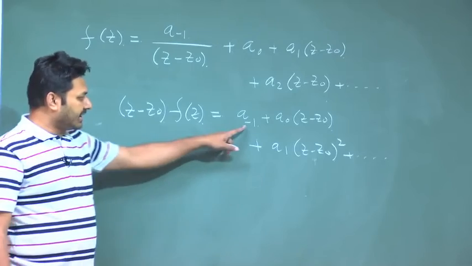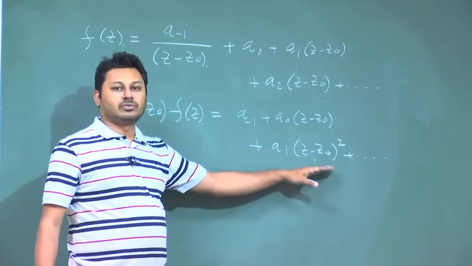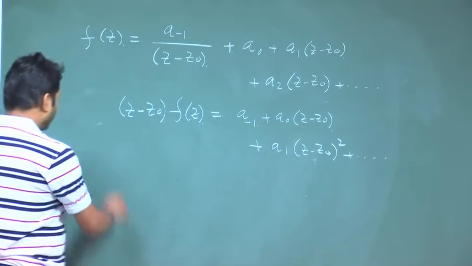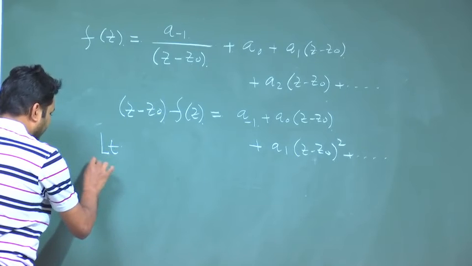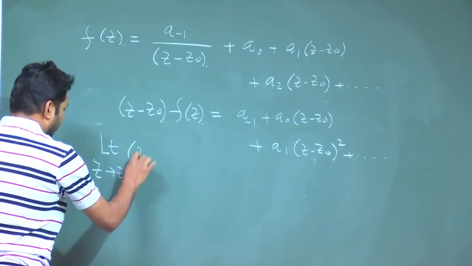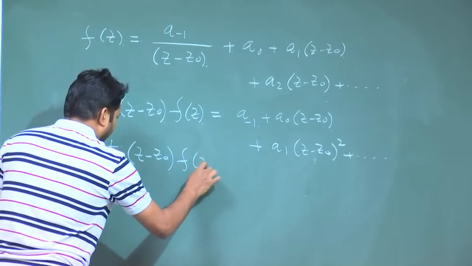To make the other terms vanish, we need to take the limit z tends to z0 of (z minus z0) f(z).